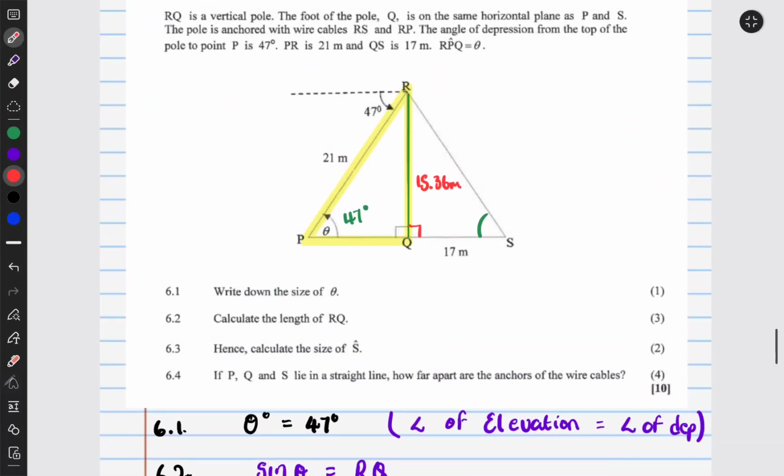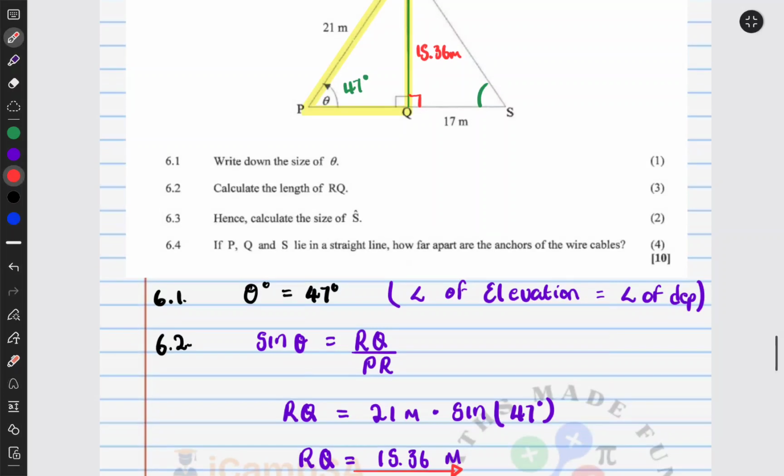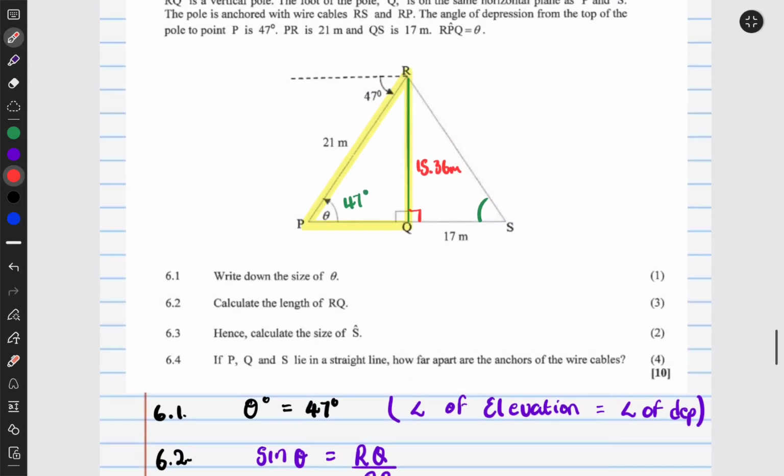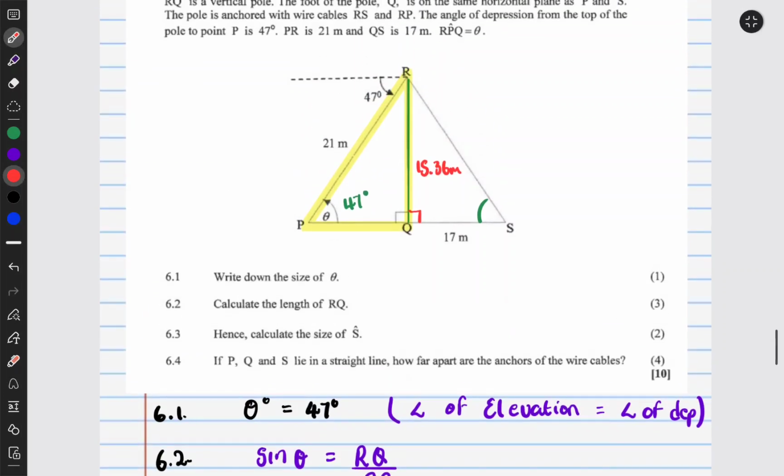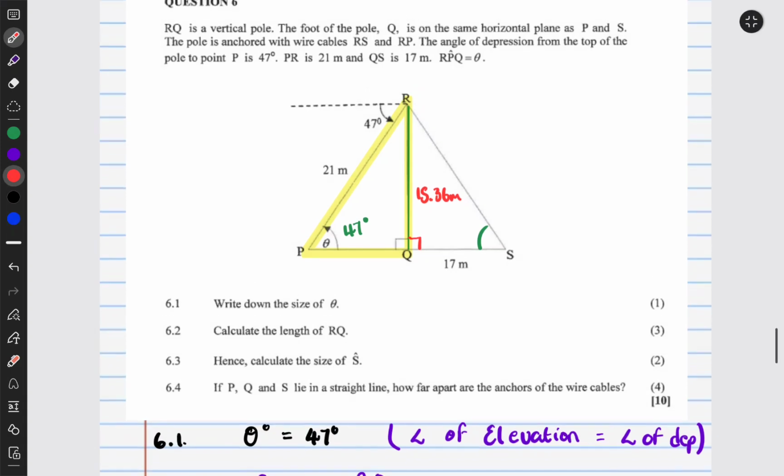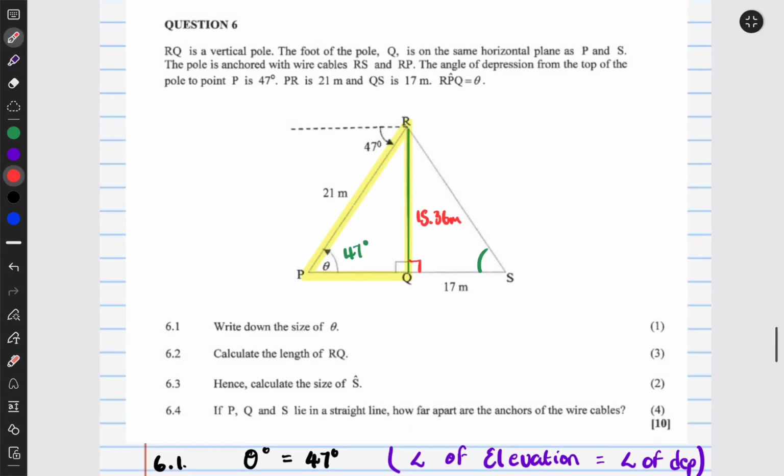Okay, and then for 6.4, if P, Q and S lie in a straight line, how far apart are the anchors of the wire cable? What are the anchors? The anchors are P and S. These are the anchors of the wire cable.